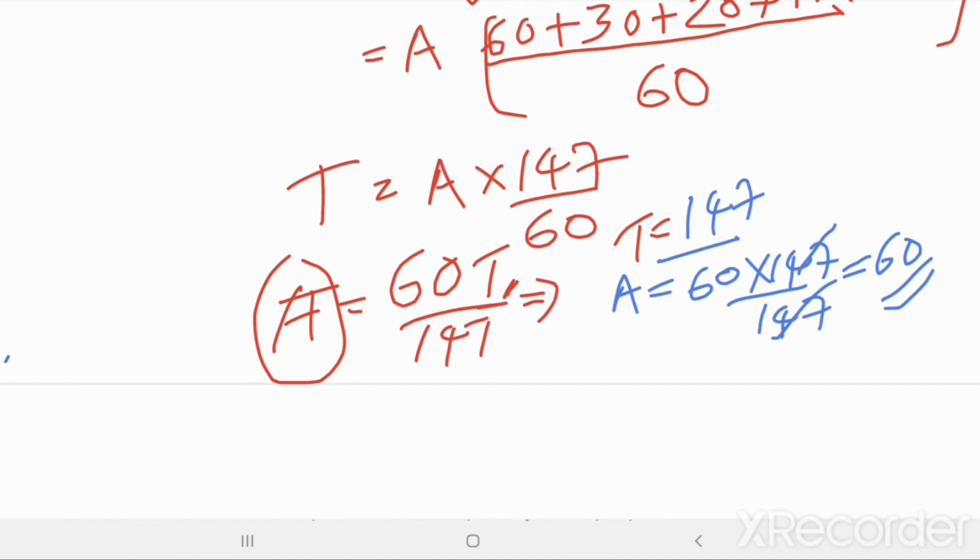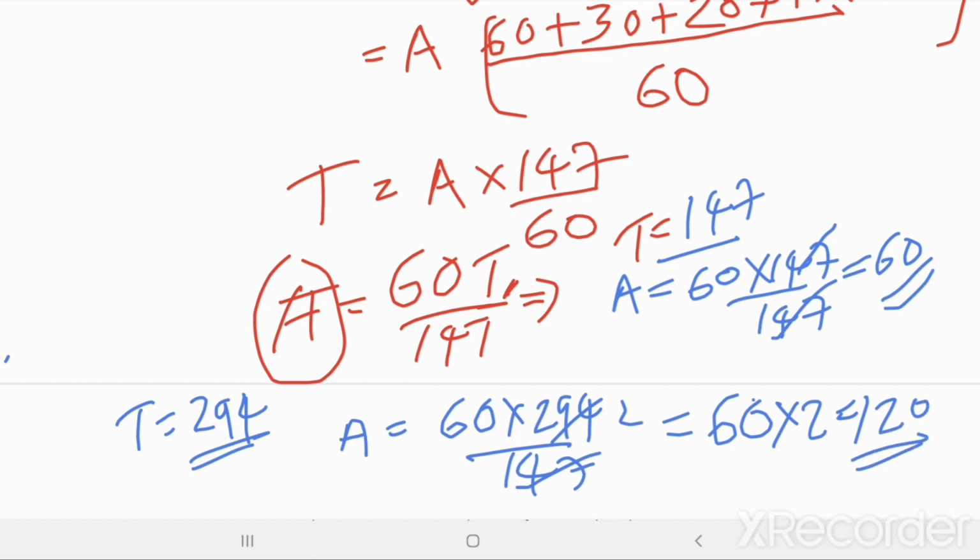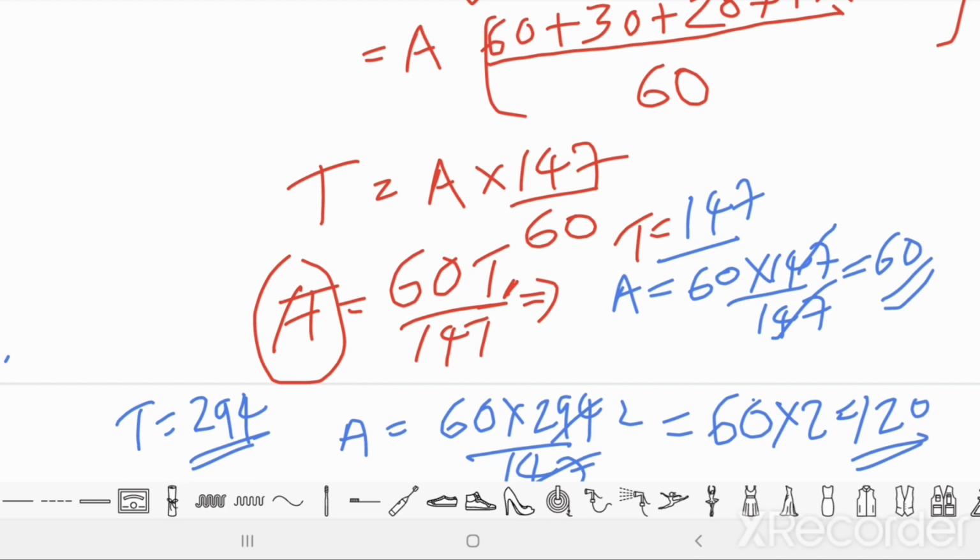Then when T equal to 294, option C, then A equal to 60 into 294 divided by 147. Two 147s are 294. Then we get A equal to 60 into 2 equal to 120. So from the given options, A can take either 60 or 120.